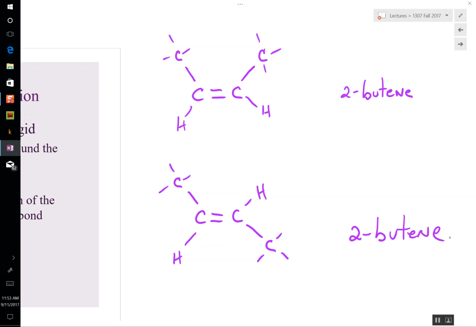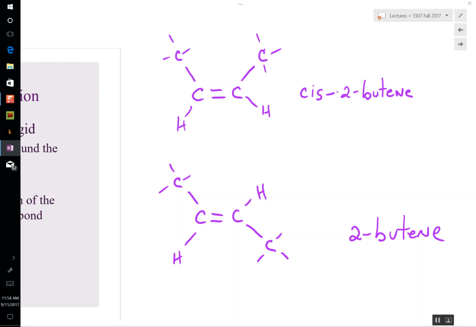If you just think of butene with the double bond in the middle, if the methyl groups are on the same side of the double bond as they are in the top diagram, we call it cis, like same. Cis 2-butene.